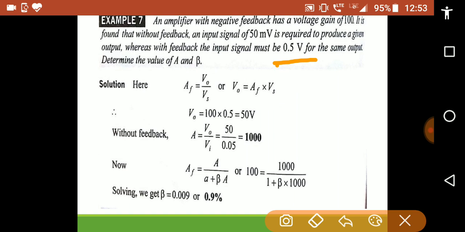So VO equal to 100 multiplied by 0.5 equal to 50 volt.